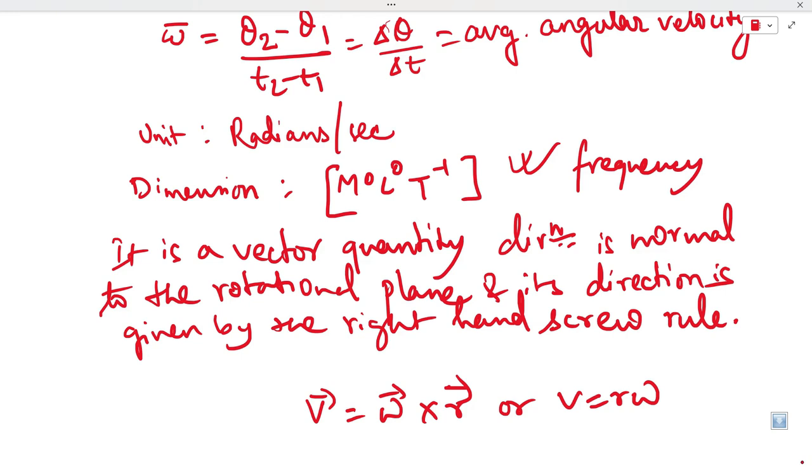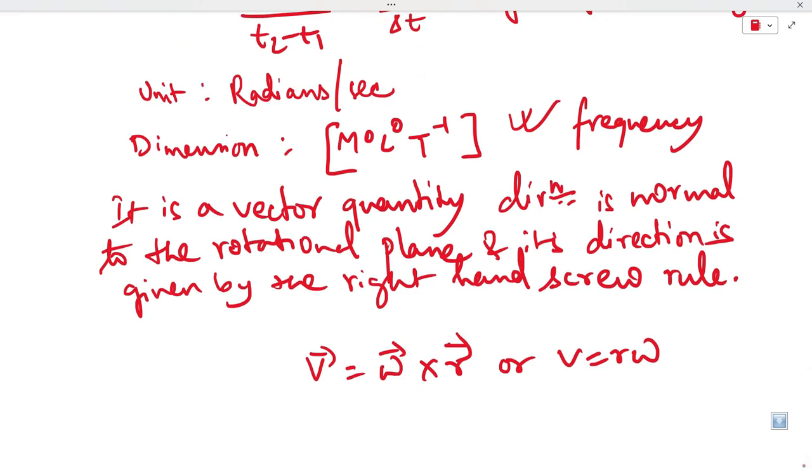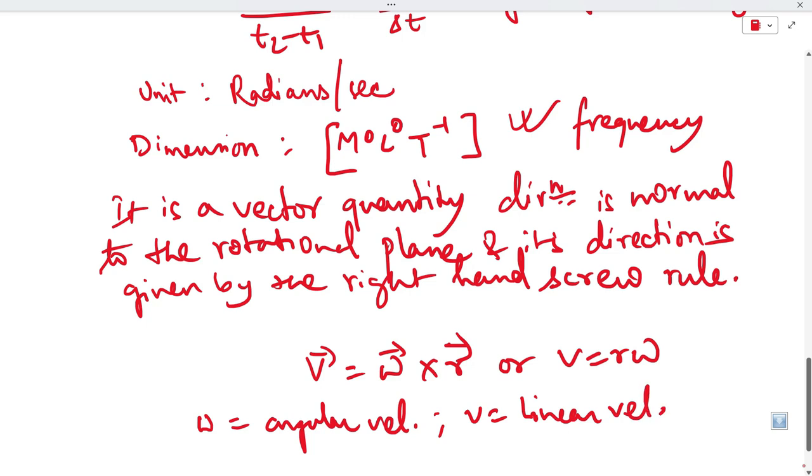Here, what does it mean? Omega here is your angular velocity. V is the linear velocity. R is the radius of the path.